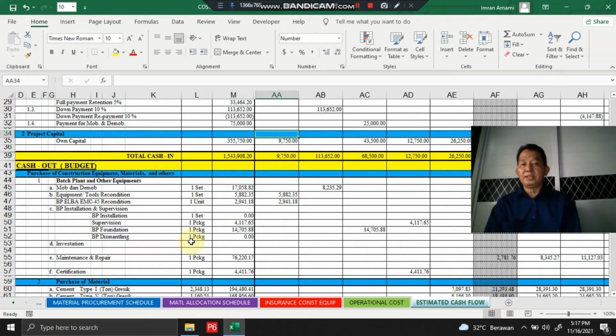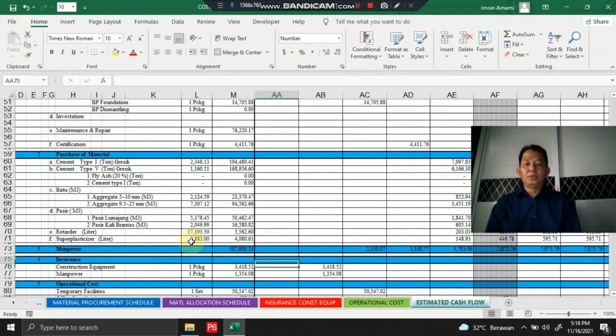This project capital is the company capital utilized for supporting project operational costs that are negative in the early part of the project schedule. That's why we use company capital or project capital.